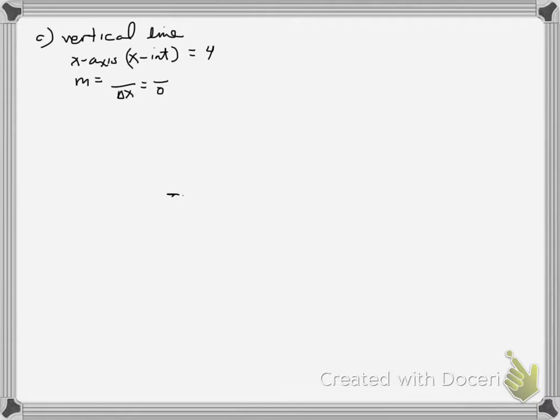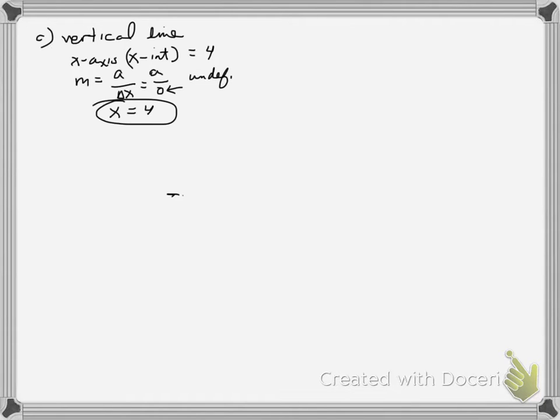Whatever that symbol is, that's a poor choice of symbol, sorry. The denominator is 0, so the slope is undefined, so I can't say anything about that, but I know that my x value always equals 4.